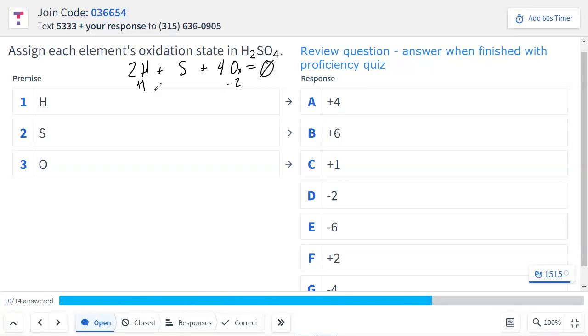If I apply those, I get a total of +2 for the hydrogens, plus sulfur, plus a total of -8 for the oxygens.